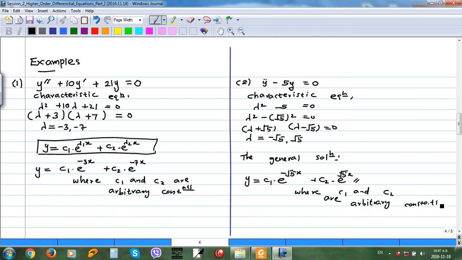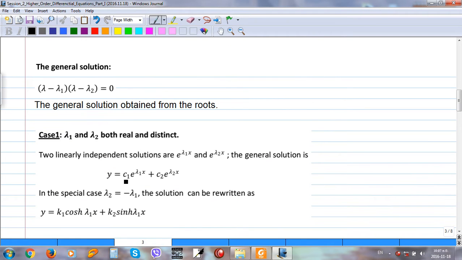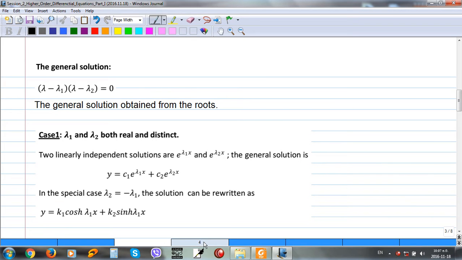This is the way of solving the differential equation with the form in which lambda 1 and lambda 2 are both real and distinct answers.